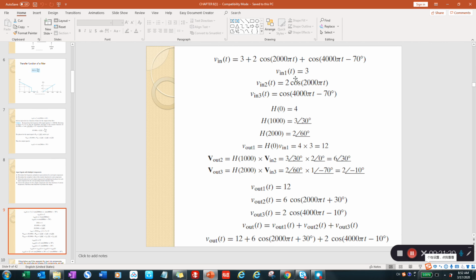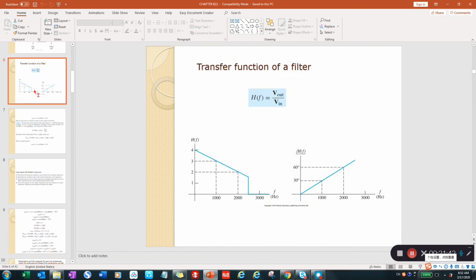So let's first look at the input 1, which is 3. For input 1, we know the frequency in fact is 0, so we go back to our transfer function. We know that if the frequency equals 0, then the amplitude will be 4.